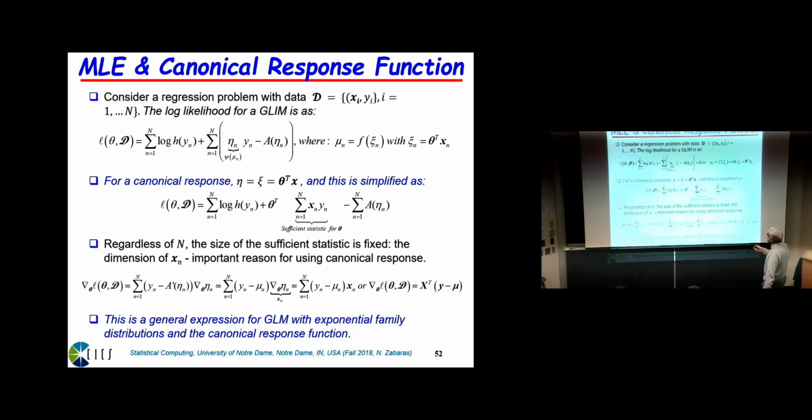You will get h times the exponential of what we had. Eta times what? The sufficient statistics, and for each point, really, the sufficient statistic is the yi. Right? That's the information we have. So this is, or yn as I indicate here, minus a, defined at the natural parameters eta n.